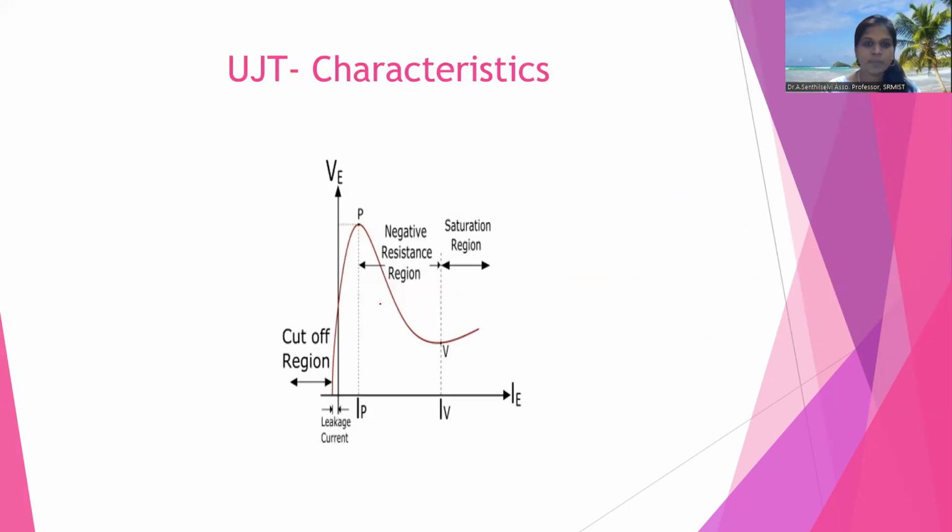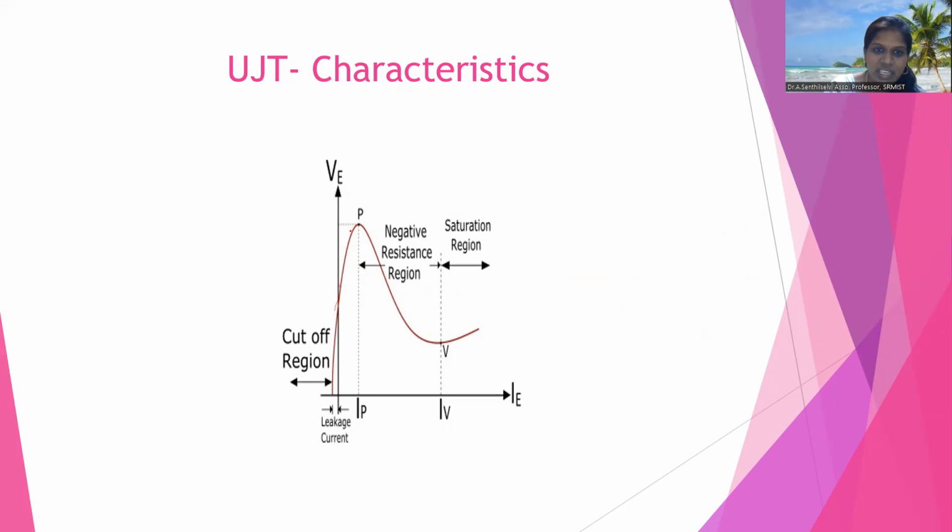See here, we draw the graph between emitter voltage and emitter current. We are applying emitter voltage, and there is a flow of emitter current. Initially we are gradually increasing the VE value. The y-axis belongs to the VE value and the x-axis is the IE value.